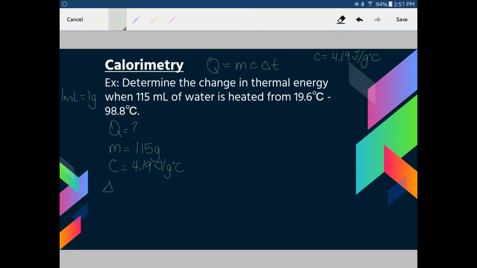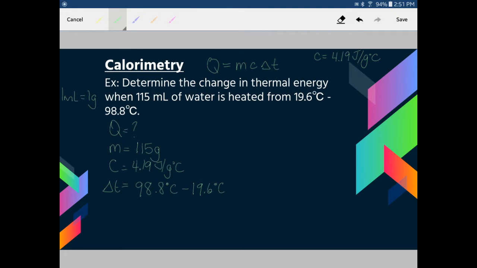And our change in temperature is from 98.8 degrees Celsius to 19.6 degrees Celsius. So this is gaining temperature. That means that this must be an exothermic. If we increase the temperature, there's some sort of heat being released from our system and absorbed by our calorimeter.